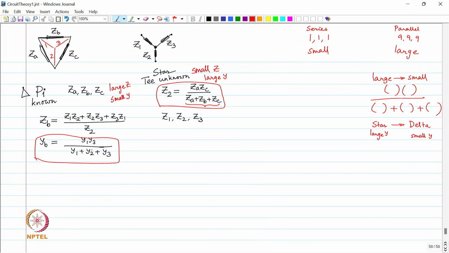Fine. So, therefore, we are going to use conductances over here. So, we are going to use y 1, y 2, y 3 of the star to give me y a or y b or y c, whatever it is, right. Is it fine? So, y a will be y 1, y 2 over the sum, yeah. You will be able to do it, star delta.